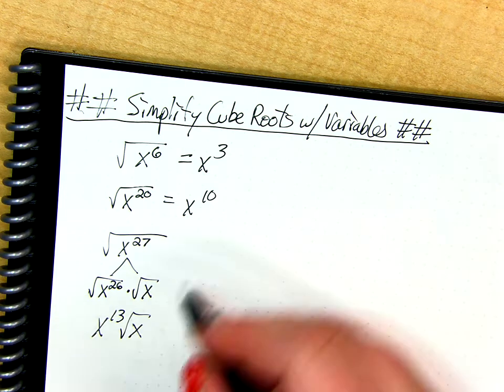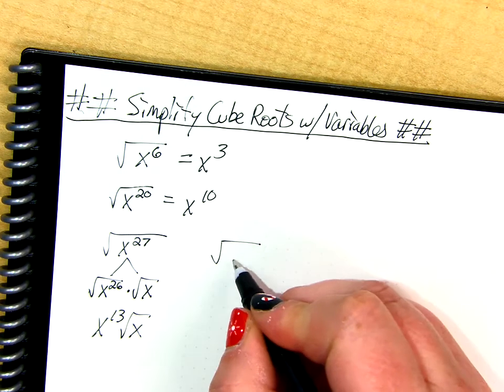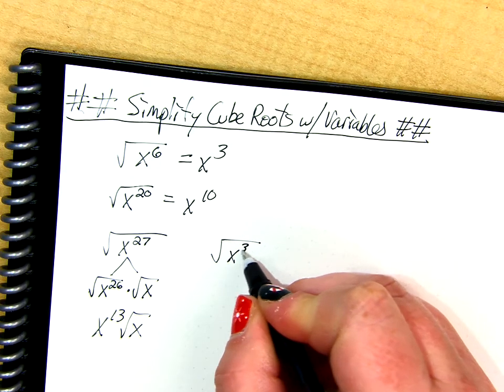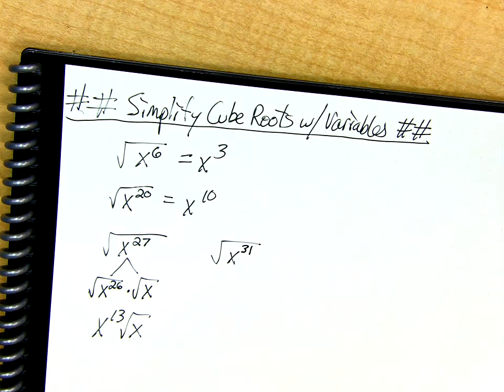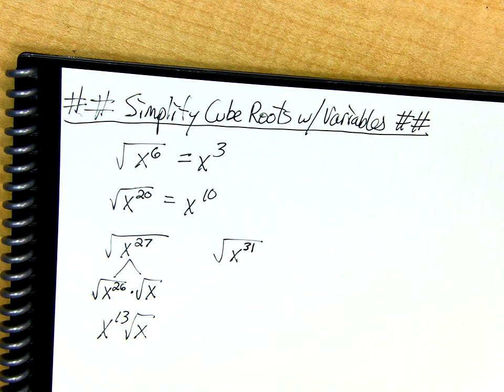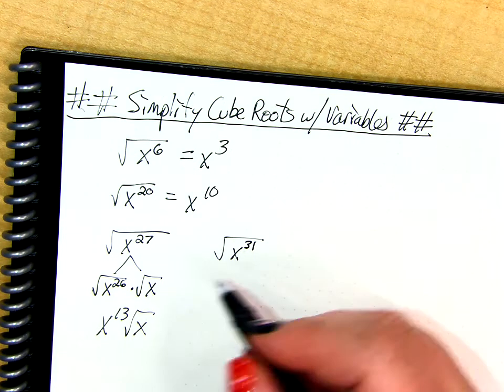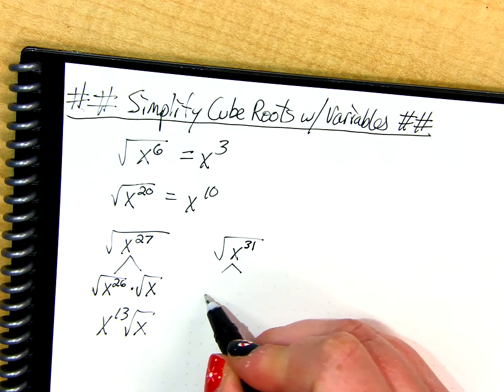Okay? So you try this one with an odd exponent just to make sure that we remember. How about 31? X to the 15th times the square root of x.